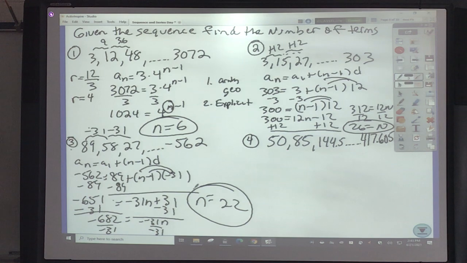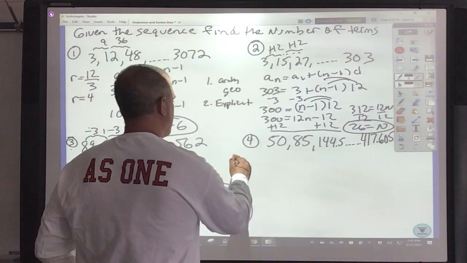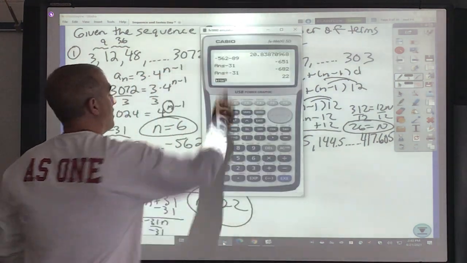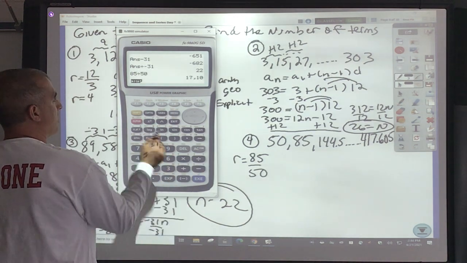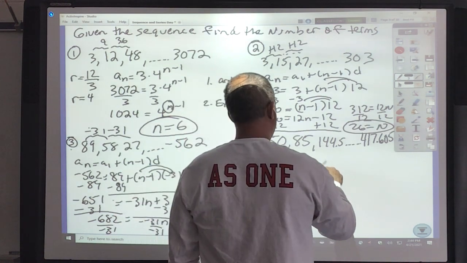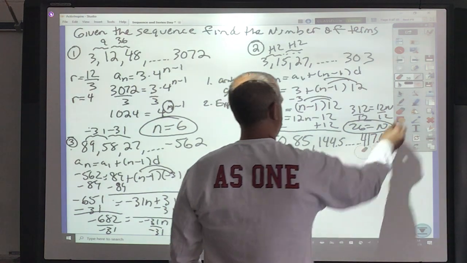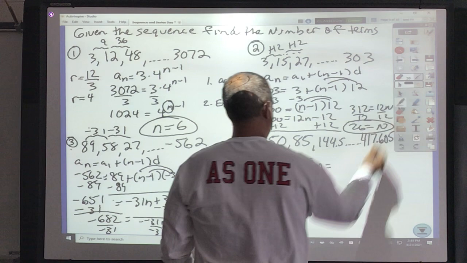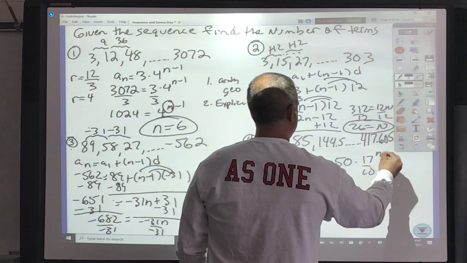Now on this one, that's a difference of 35, and that's not. So we got to do our geometric, which would be 85 divided by 50. 85 divided by 50 is 1.7 or 17 over 10. So I got an equals 50 times 17 over 10 raised to the n minus 1.